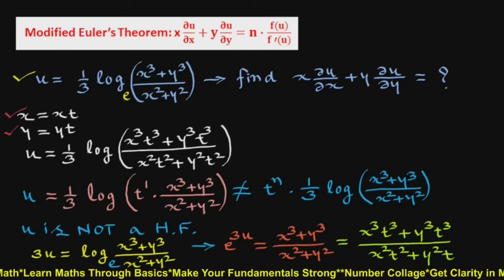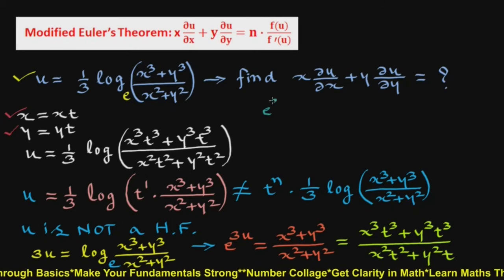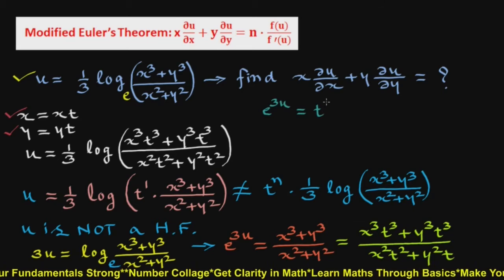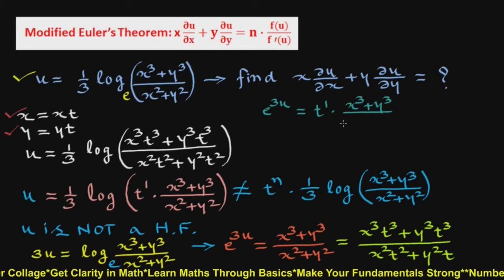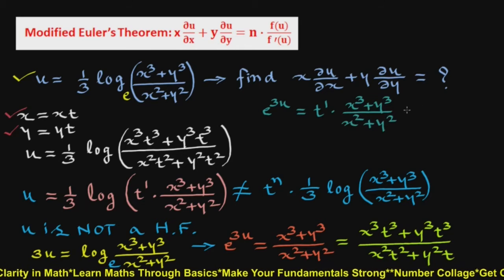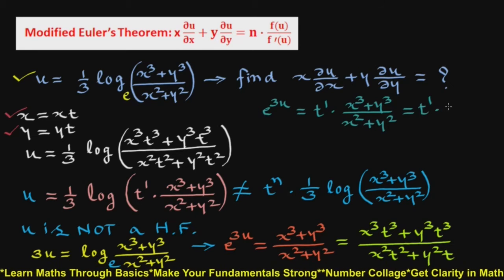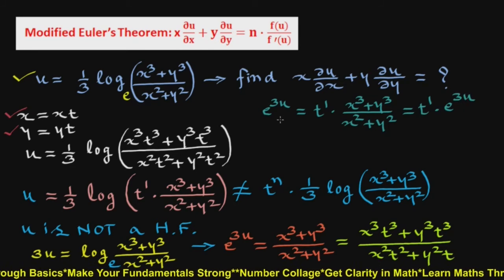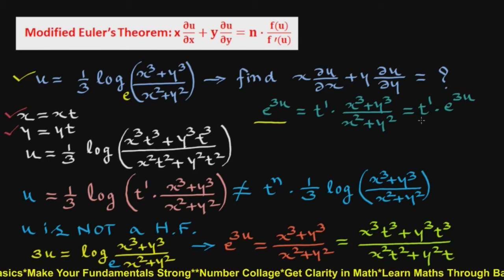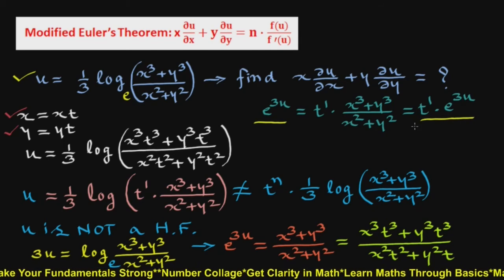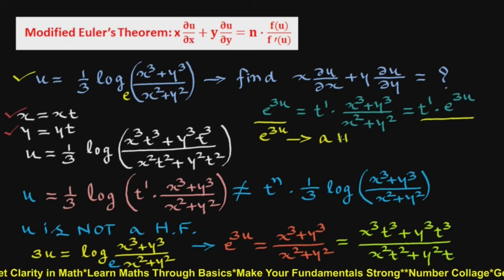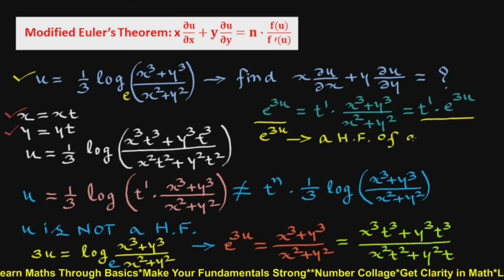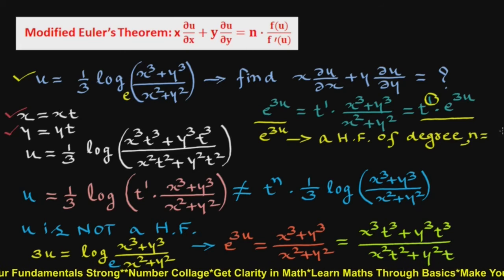So what we get here is e raised to 3u equals t raised to 1 times (x cube plus y cube) upon (x square plus y square), which is nothing but t raised to 1 times e raised to 3u. Since e raised to 3u is t raised to 1 times e raised to 3u, e raised to 3u is a homogeneous function of degree n equals 1.